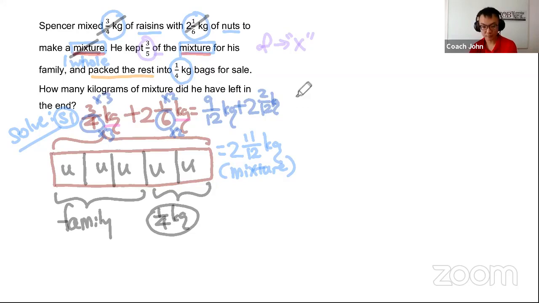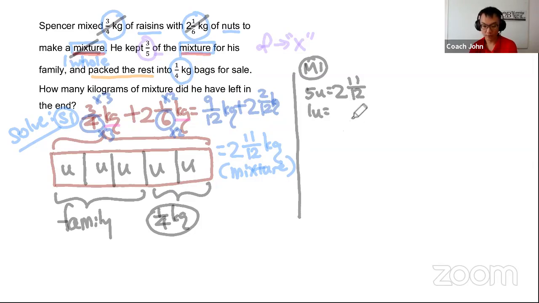Okay, there are 2 ways you can do it. So method 1 will be, you can treat 5 units as actually 2 whole and 11 over 12. So you need to take 1 unit. I'm doing this on the spot, so pardon me if I solve wrongly, but the key is for you to understand.